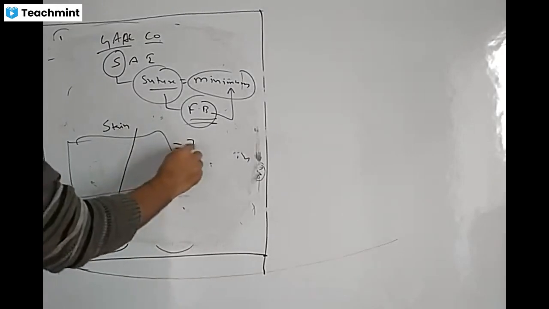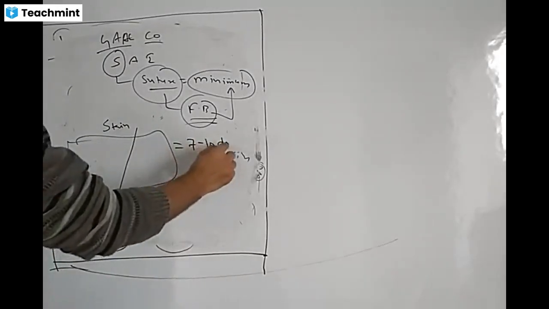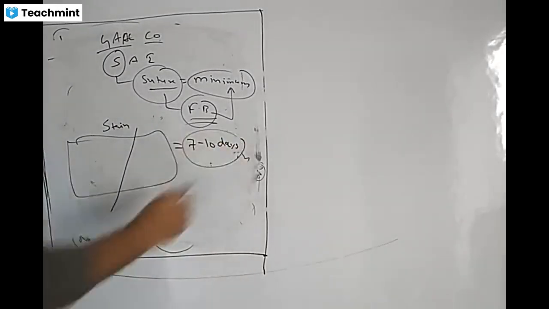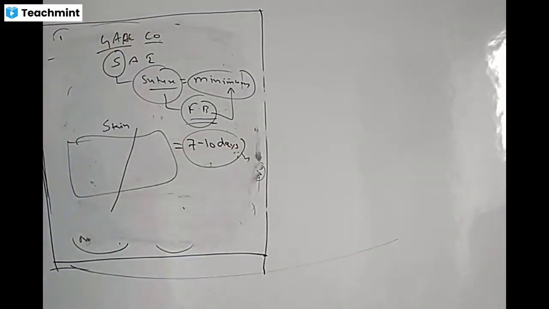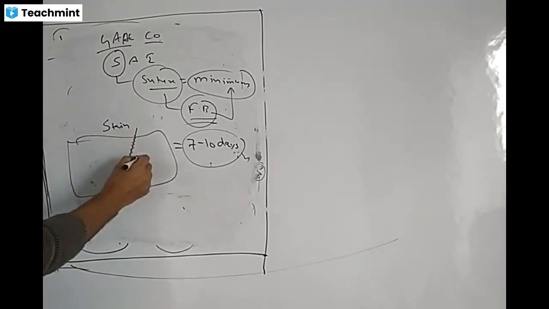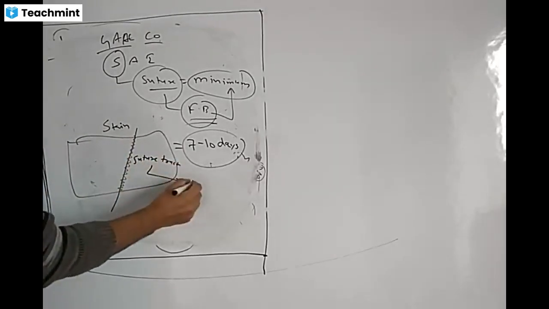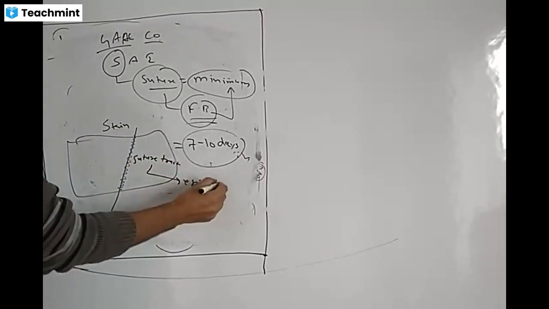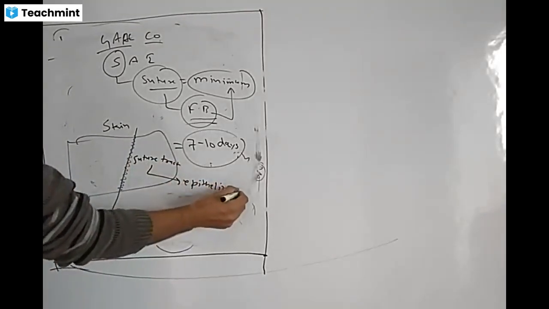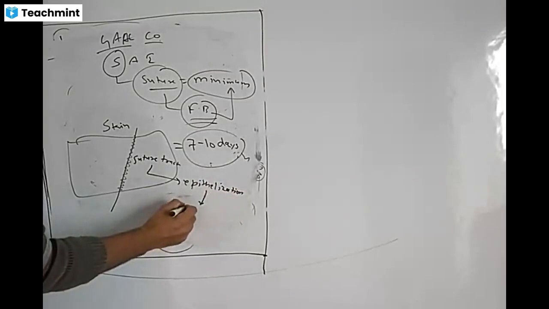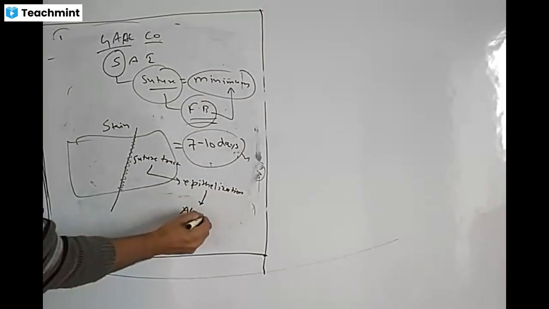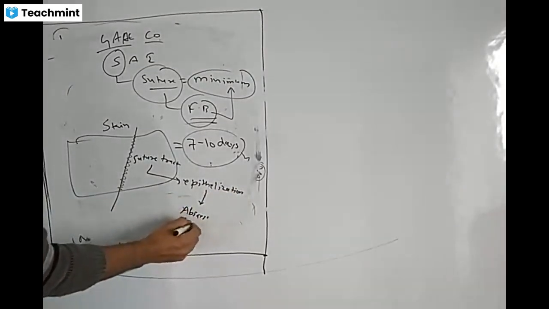Normally, we remove the suture material in case of skin in 7 to 10 days. If we don't remove this suture, then what will happen? Along this suture tract, epithelialization will occur, and that may lead to some abscess or scarring.